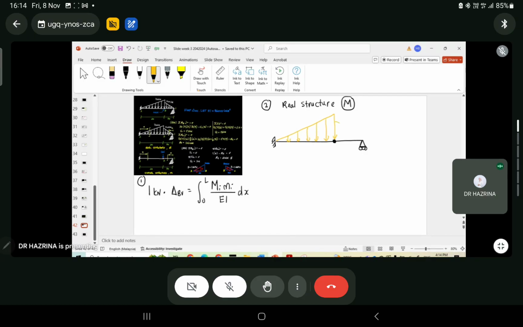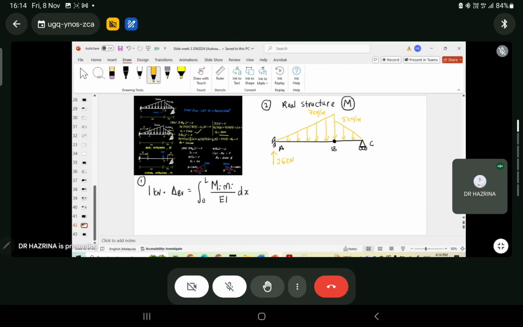And then also you have here. So here is 7 kilonewton per meter, and here is 5 kilonewton per meter. So now we want to find this. We have A, B, and C. And we know at A, the reaction forces we already got: VA 26 kilonewton.